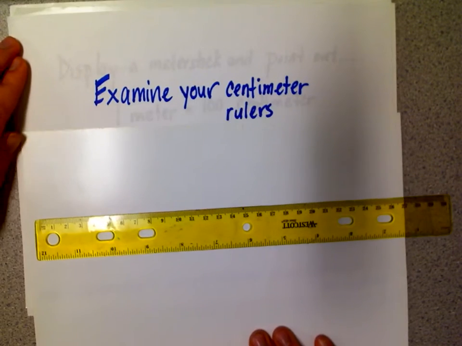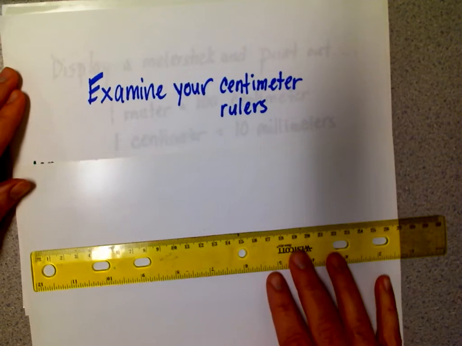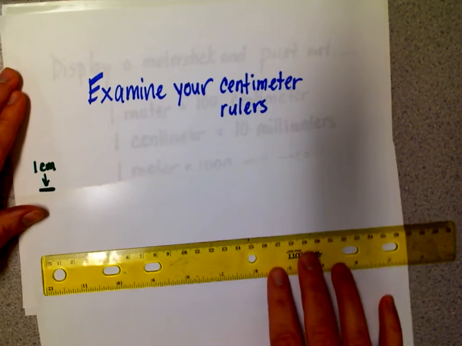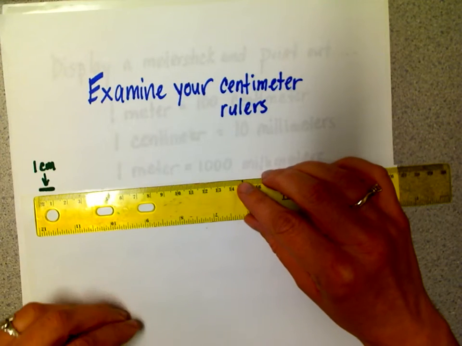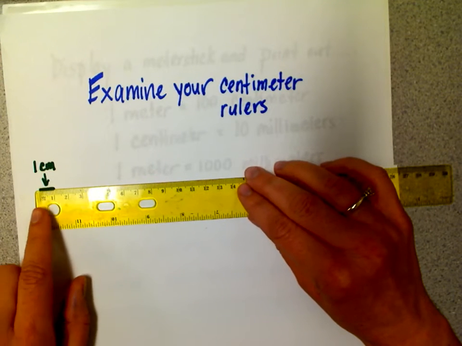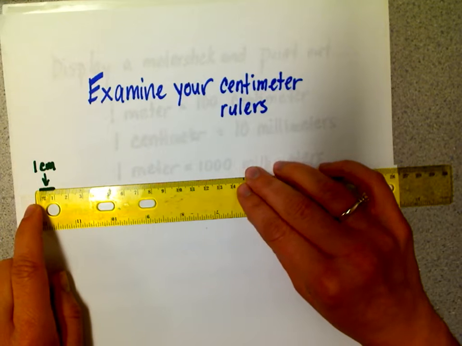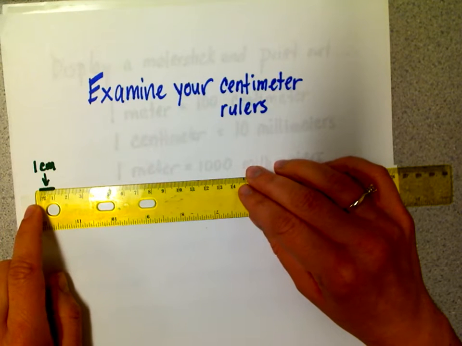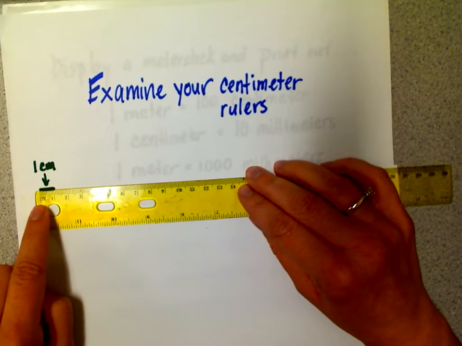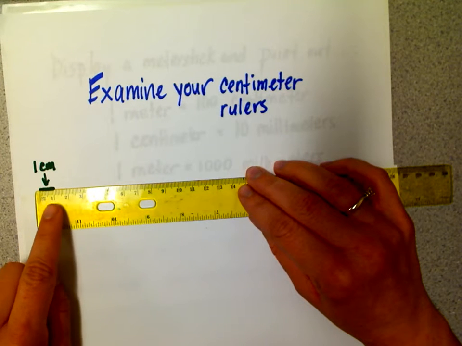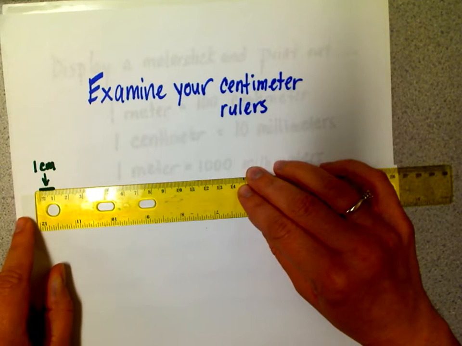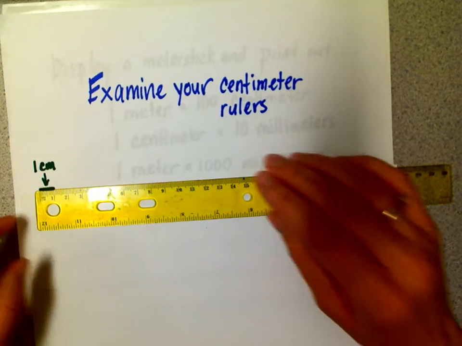Well, if I'm measuring 1 centimeter on my ruler, I need to start at the very first long line, not at the edge of the ruler. That is an often mistake people make. You need to start at the very first long line when measuring. So from the very first long line to the very second long line, where the 1 is, that would be 1 centimeter.